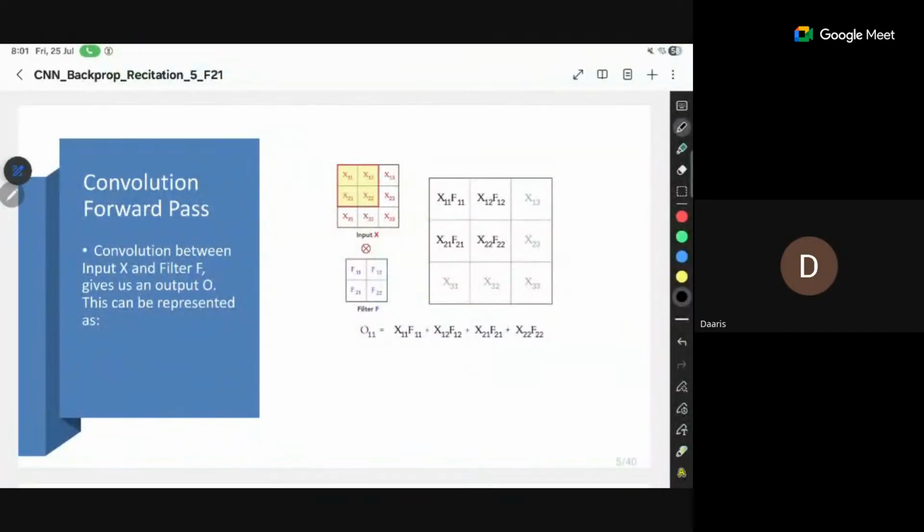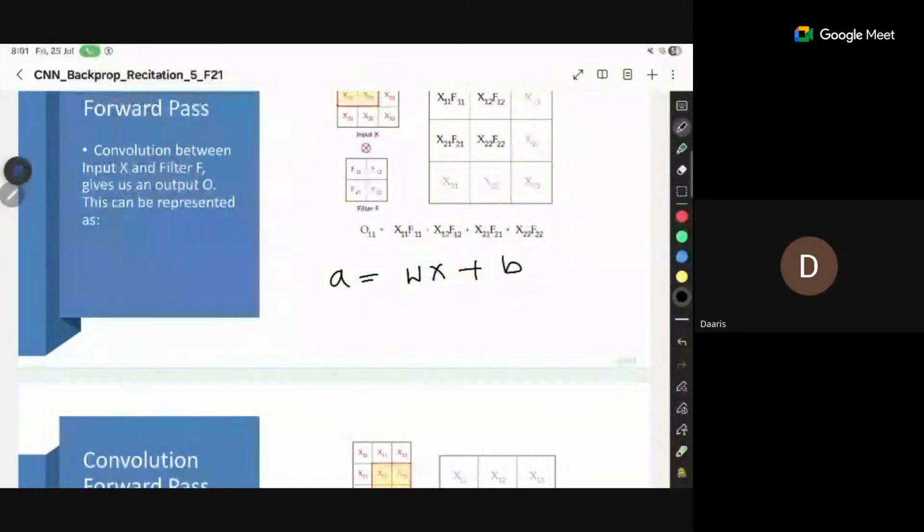Okay, so how does back propagation happen? Let's say some formula you have, like a equal to w x plus b, right? So this w, x and b contributed in the formula. Now if I take the partial derivative of a with respect to w, you know that the output is going to be x, and with respect to x, the output is going to be w, and with respect to b, the output is 1, right?